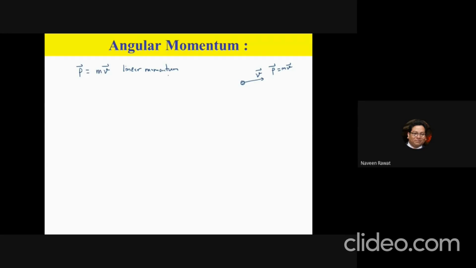Now when we are defining angular momentum, again, it is important for us to choose the axis or the origin from which you are defining the value of angular momentum. So let's choose a point of origin here.